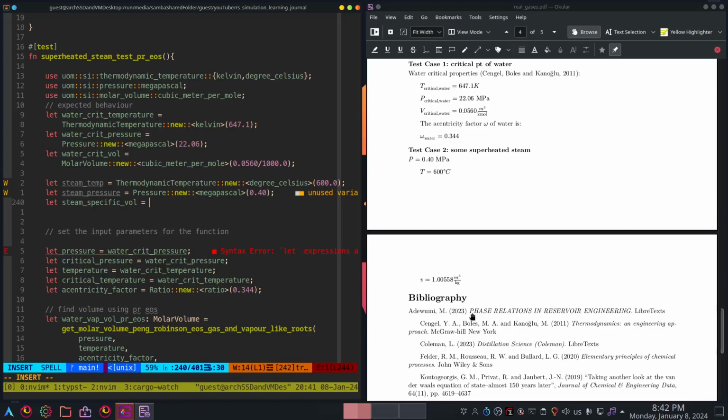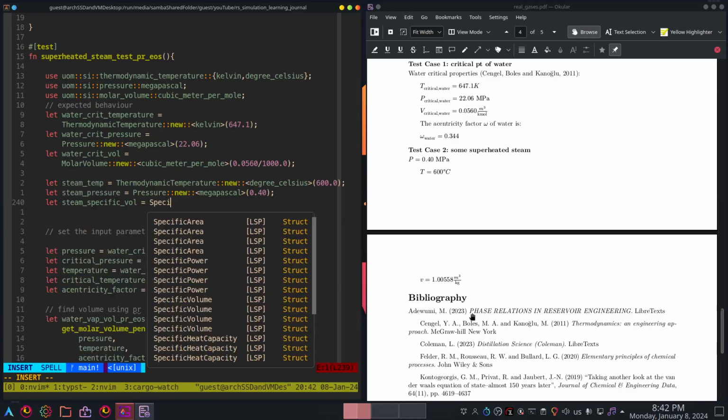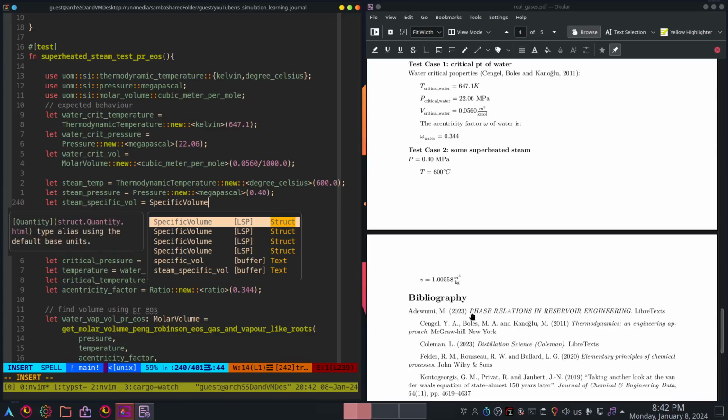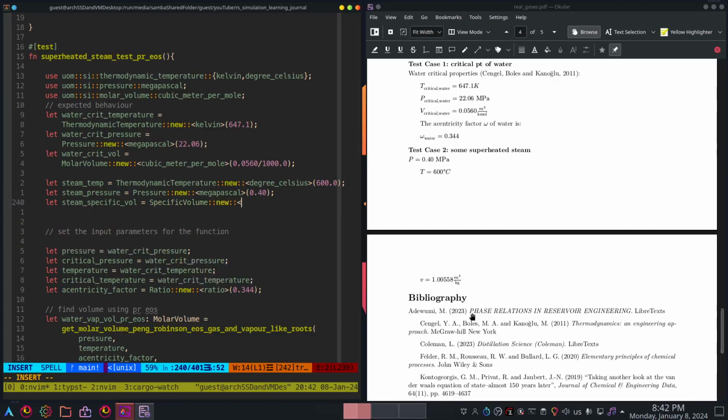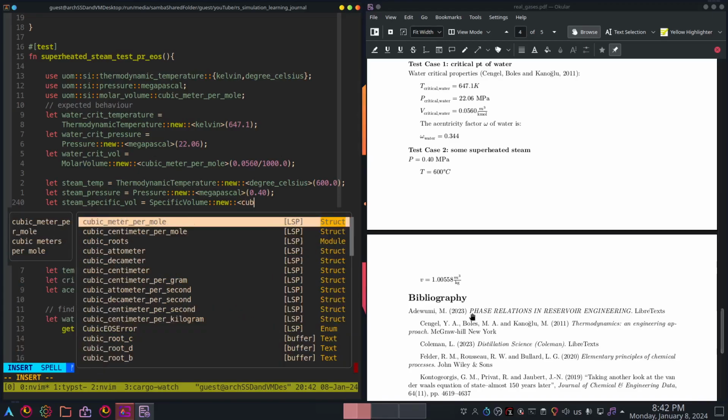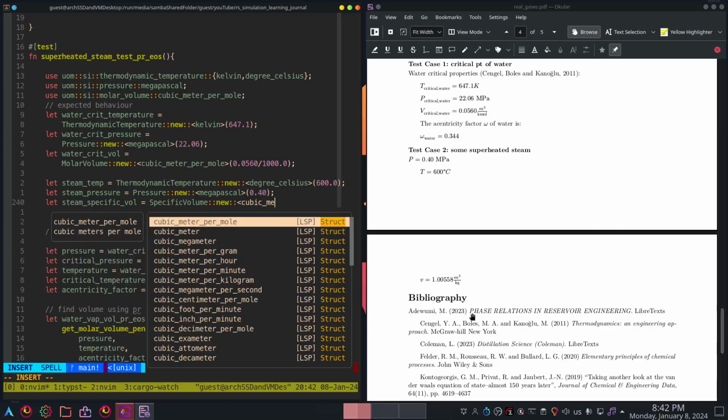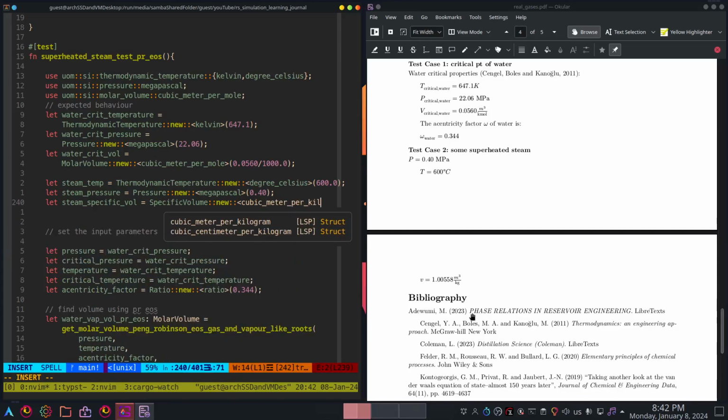So this will be specific volume of new, cubic meter per kilogram.